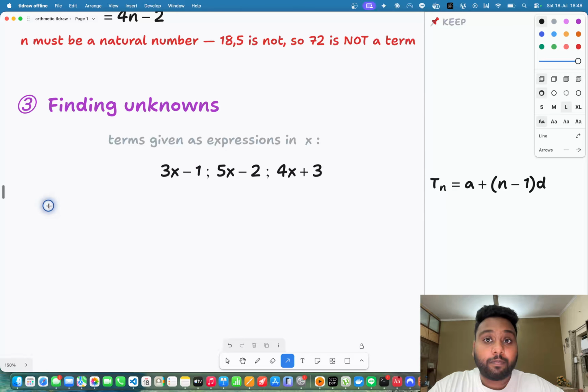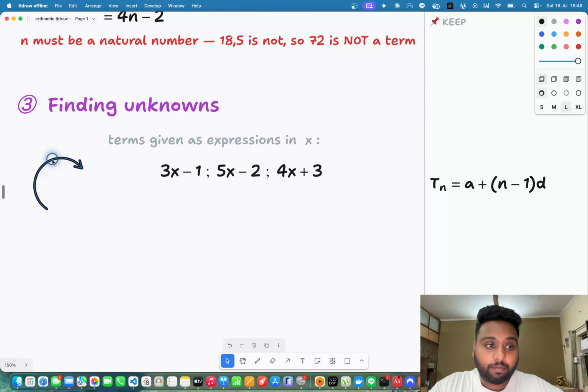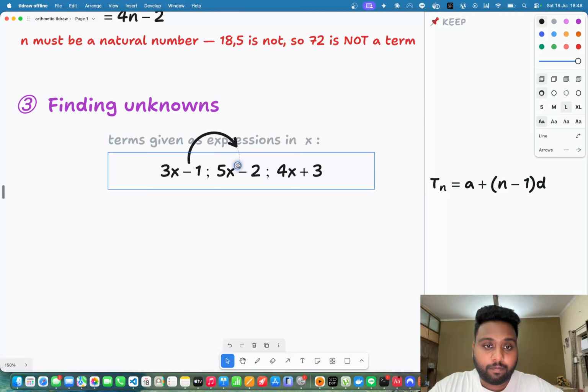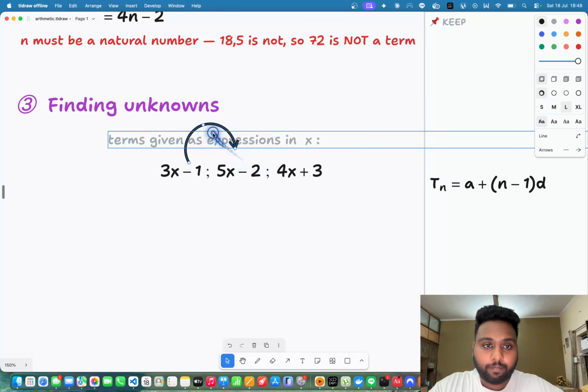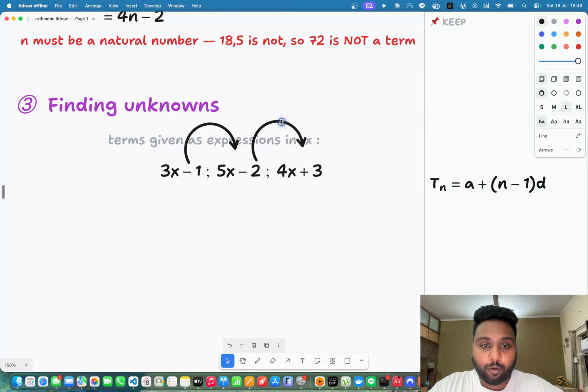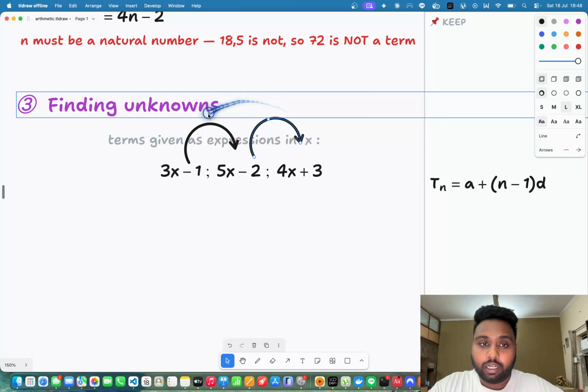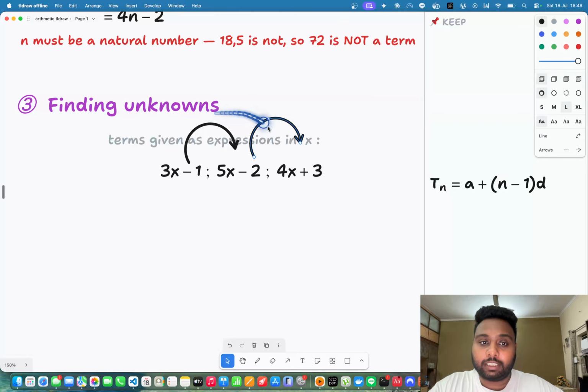about arithmetic series is that when I go from here to here, or when I go from here to here, the difference is always the same.